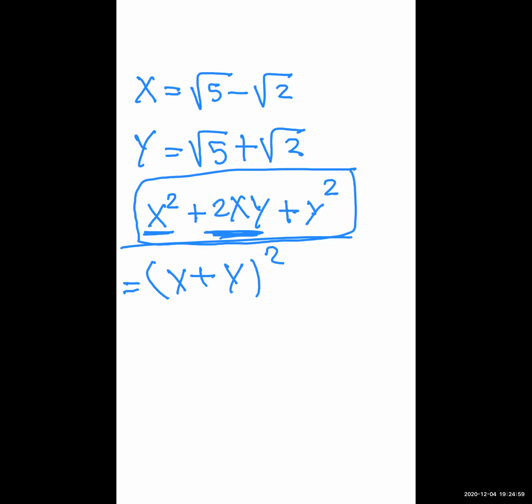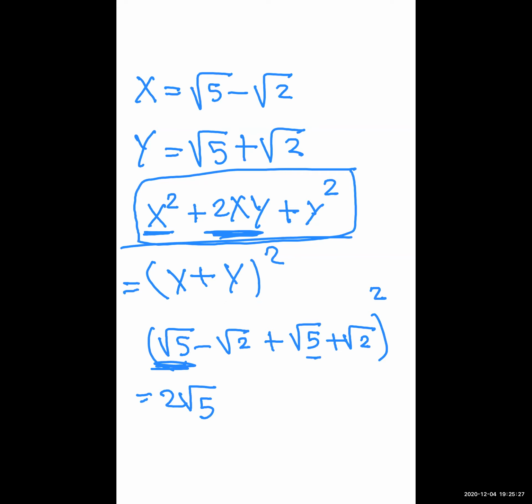Okay, so it's very easy. x plus y, so square root of 5 minus square root of 2 plus square root of 5 plus square root of 2, squared. We said that the sum of the two conjugate numbers equals twice the first, right? So here it will equal 2 square root of 5.